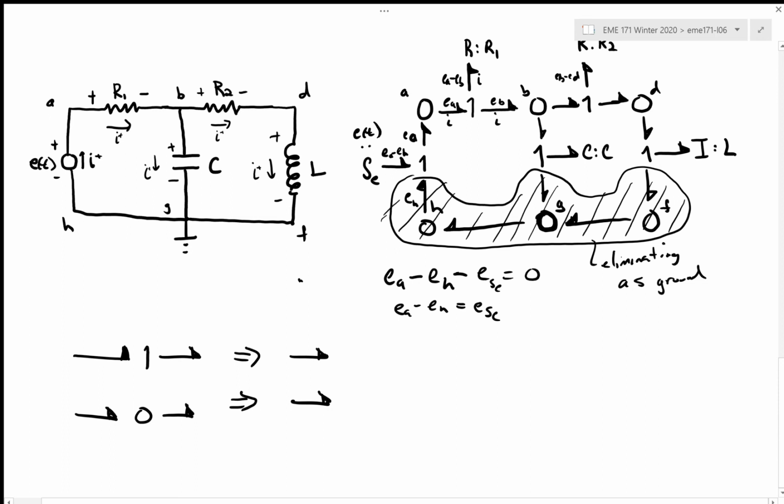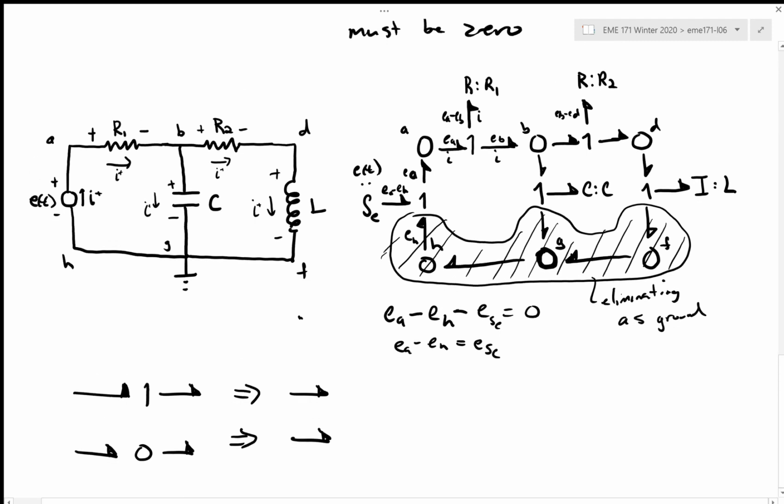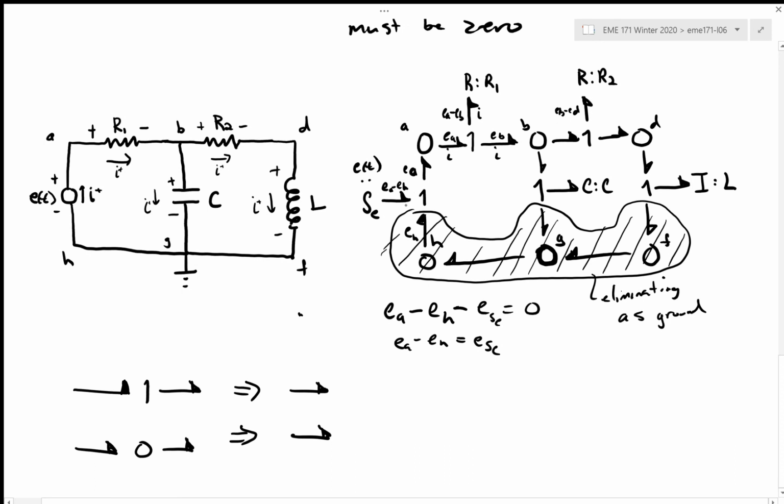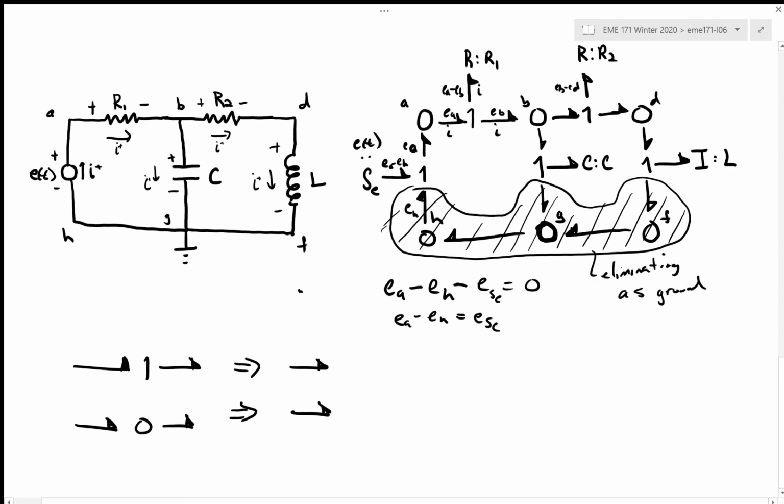So if I have a 2-port 0, 1, I can replace those with a single bond. And I'm going to see a couple here once I stretch this out between the SE and the A. Actually, between SE and the 1 junction with the R1, those are 2 1s and 0s that only have 2 ports. I'll be able to eliminate those.